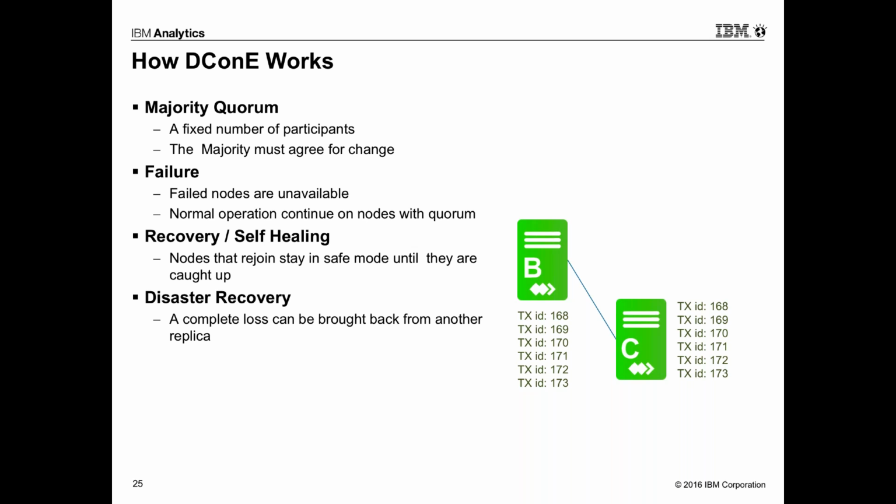So in the case of disaster, let's say cluster A is completely offline. It's completely wiped out. There is no bringing back service in a short amount of time.